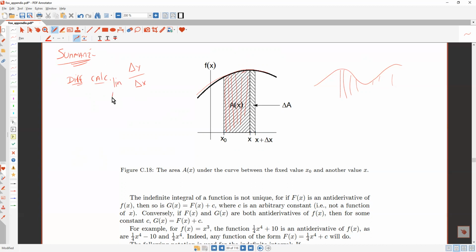The limit as the change in x goes to 0. That's the big idea here. Notice that we needed the limit concept. This was not enough to describe instantaneous rate of change. Differential calculus computes derivatives. And what's the derivative? The derivative is the slope at a particular point. Okay, that's the big idea.